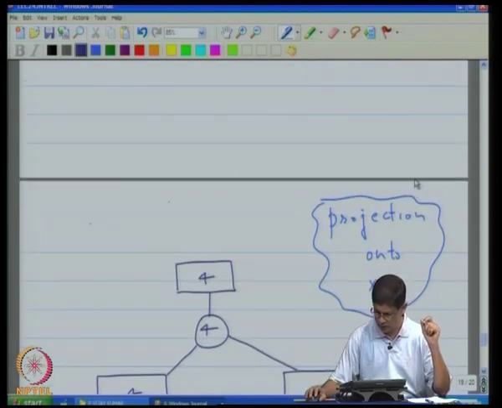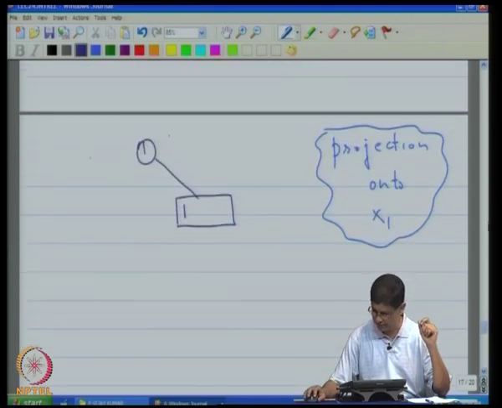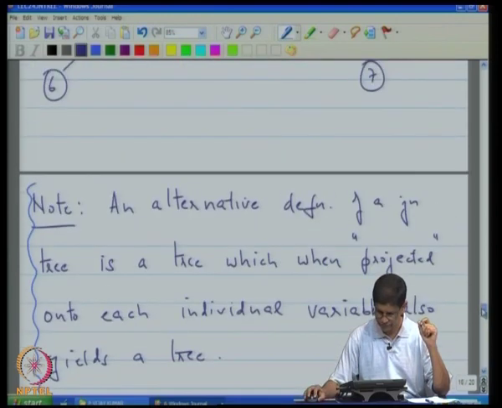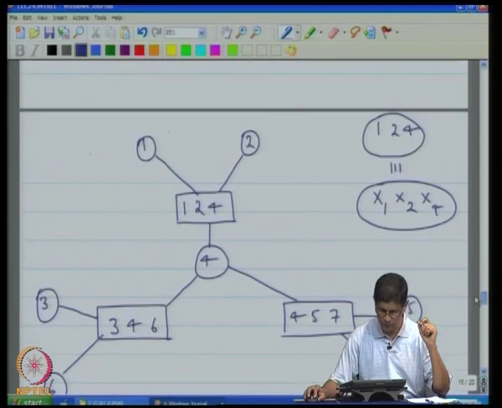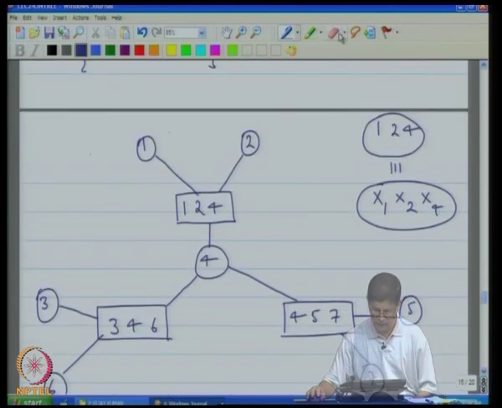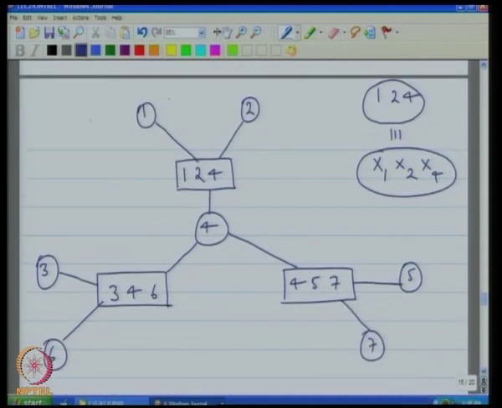The equivalence is not hard to prove, because after all in this graph what we required was that, for example, if 4 is present here and 4 is present in this node, then it must be present in all intermediate nodes that lie on the unique path leading from here to here, right.